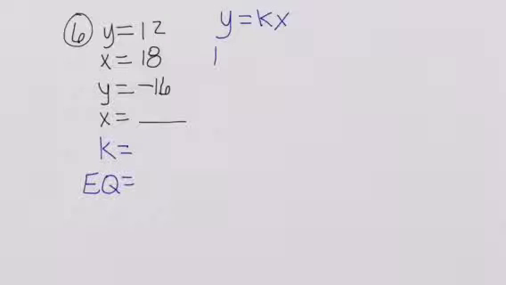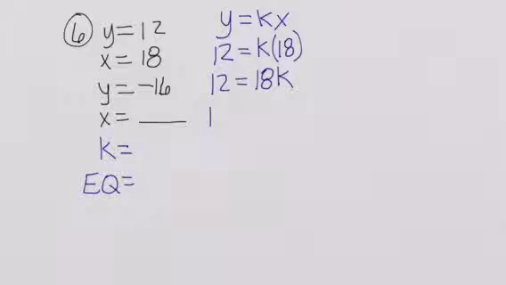Y, in this case, is going to be 12, is equal to k times 18. So we're going to do 12 is equal to 18k, do our multiplication. Is our k on the left? It's not. So we're going to do our symmetrical.